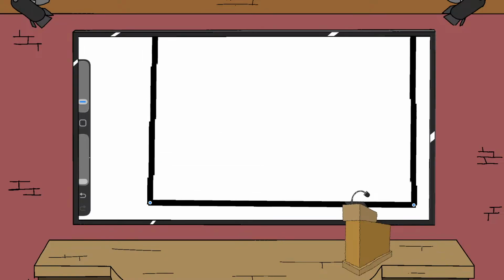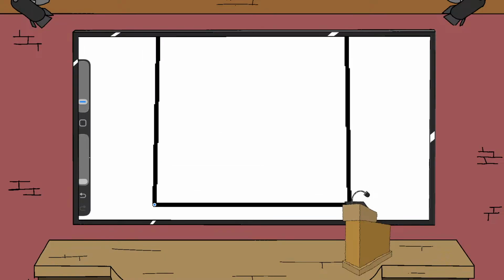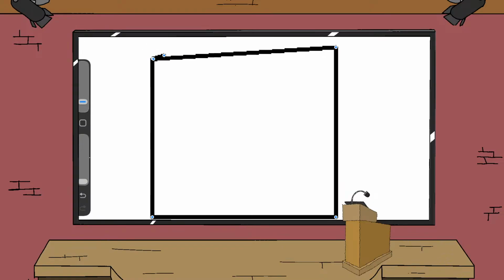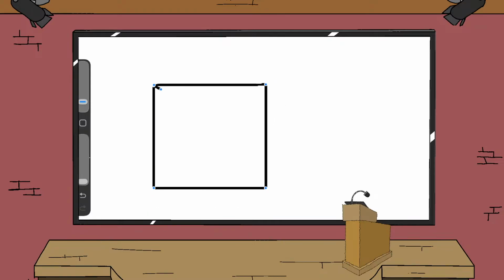Bro, why does Procreate always create these straggler lines? Okay, I think that's a proper square.